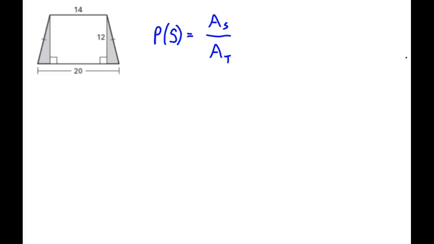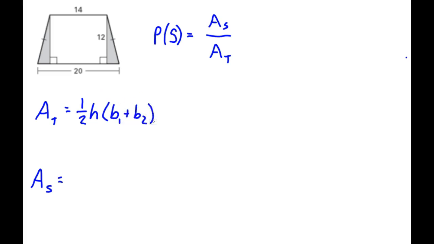Example 3, same idea. We want to find the probability that a randomly chosen point is going to lie in the shaded region. So we have to find the area of the total shape, which is a little more difficult this time because we have a trapezoid. And then we have to find the area of the shaded region. The formula for the area of a trapezoid is 1/2 times the height times b sub 1 plus b sub 2.